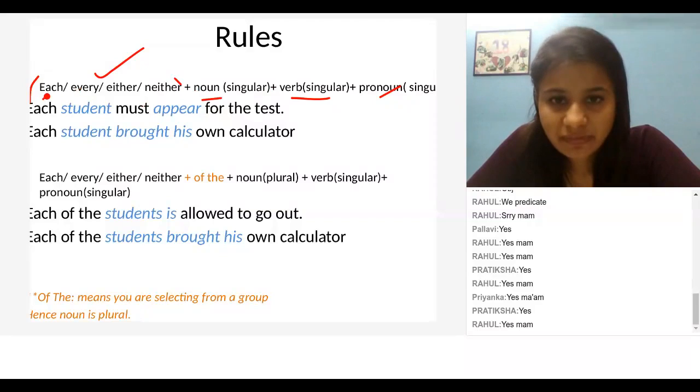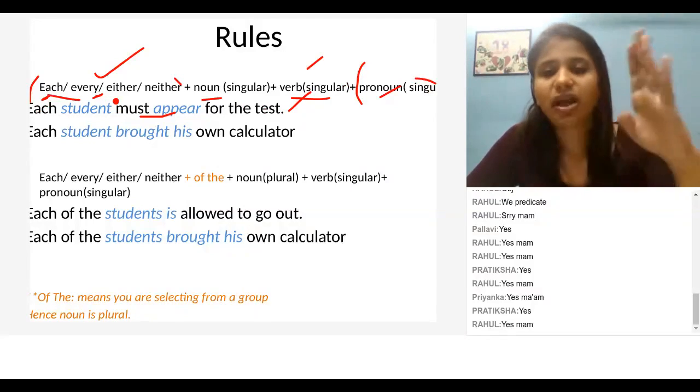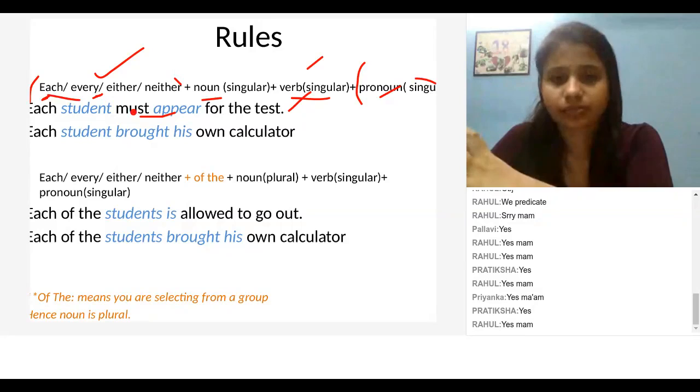What I mean is, when you have the word each, then a noun, student, then a verb, must appear, and a pronoun, if present, everything has to be singular. In this sentence there is no pronoun. So basically, whenever there is each in the sentence, whatever comes after it has to be singular.